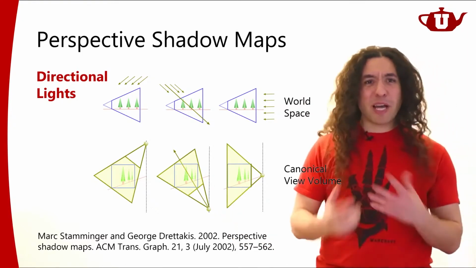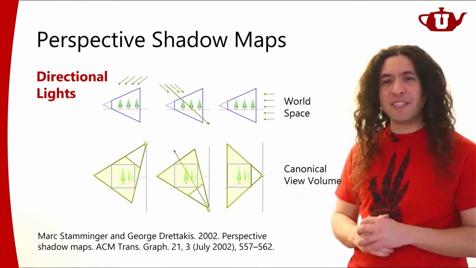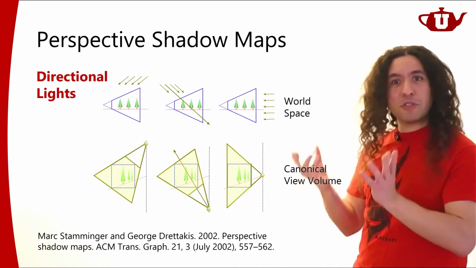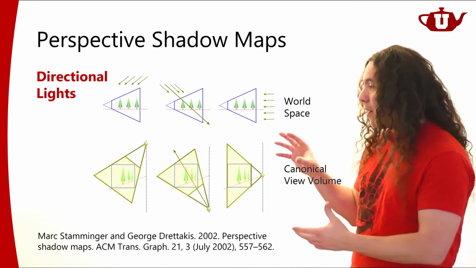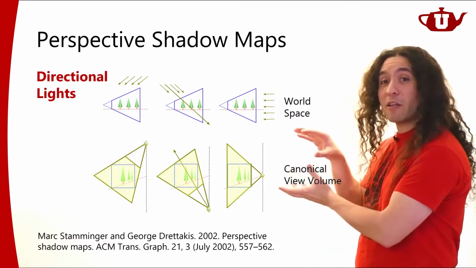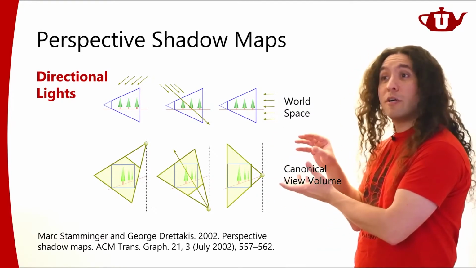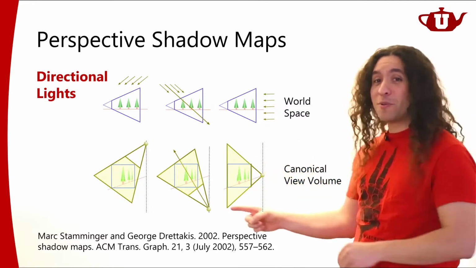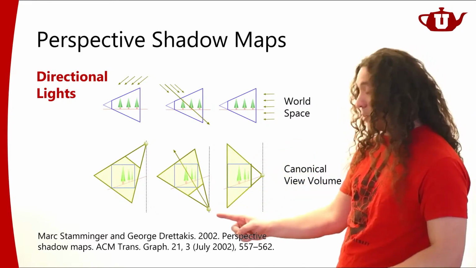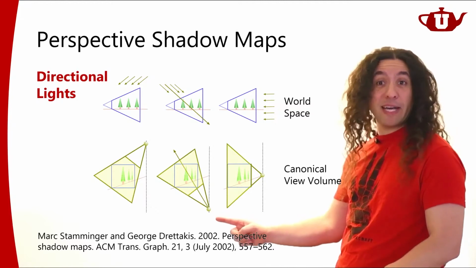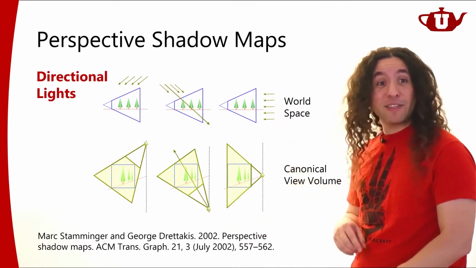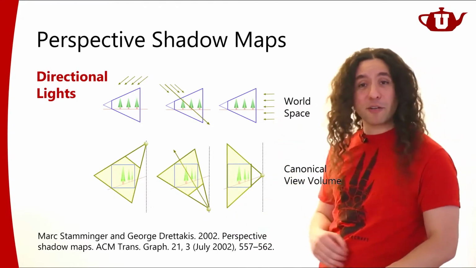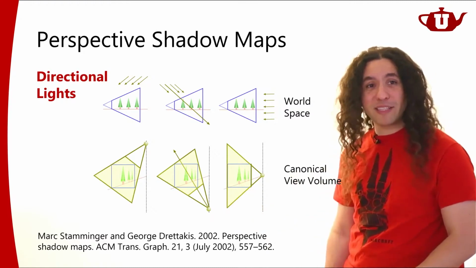So this becomes a funny transformation for the whole shadow mapping. I first transform everything to this canonical view volume of my camera, and then I transform them to the coordinate frame of this point light source that corresponds to this directional light source, and then all the shadows are computed. The shadow map is computed in this volume.